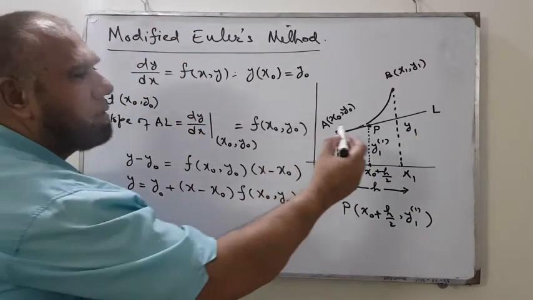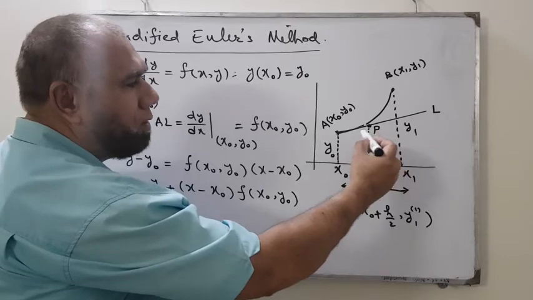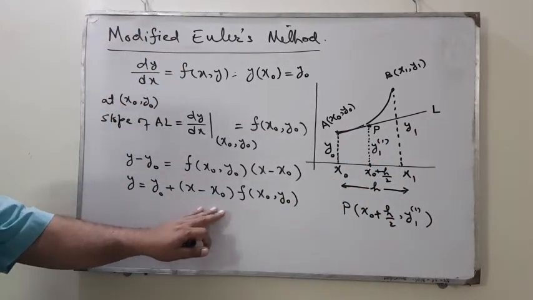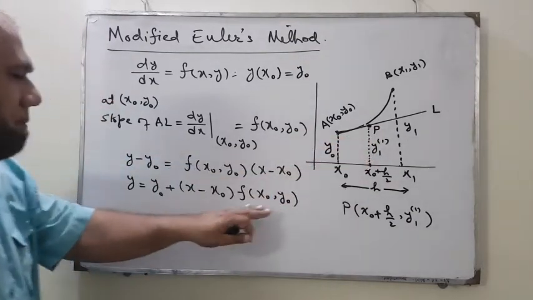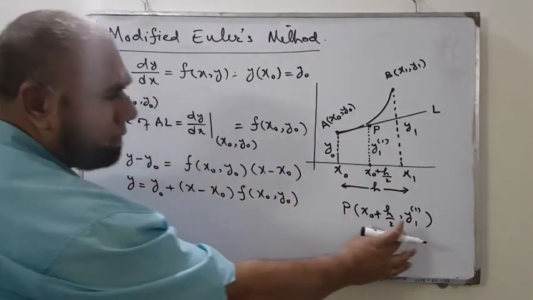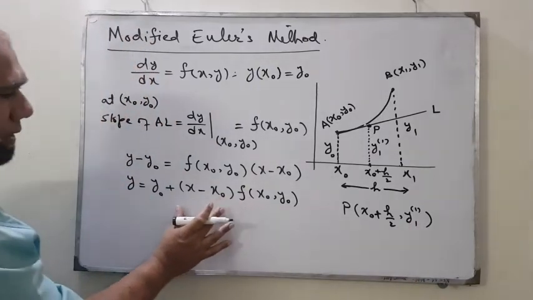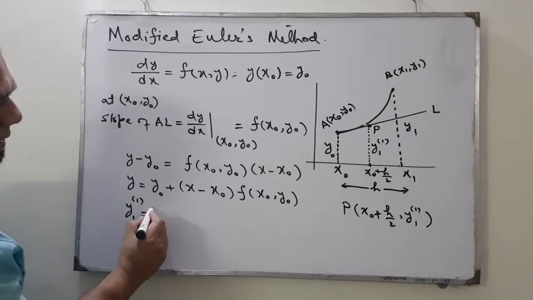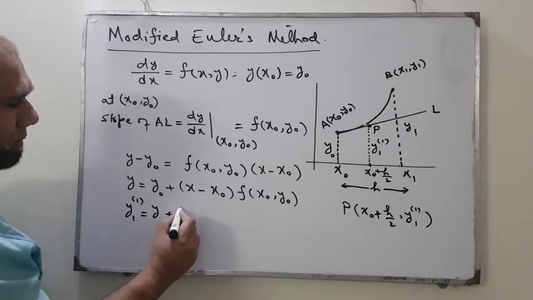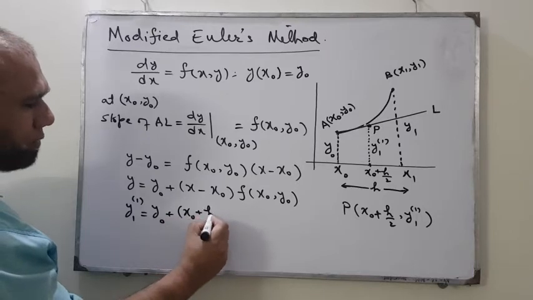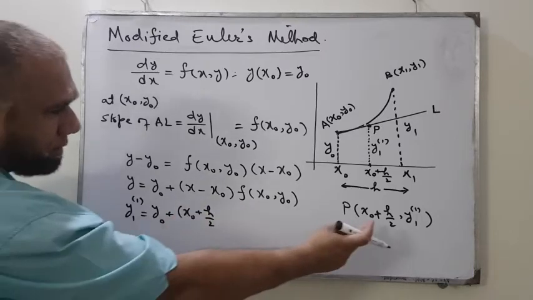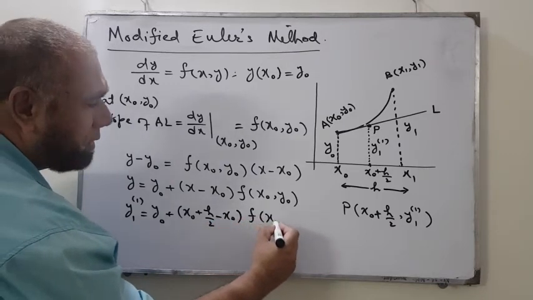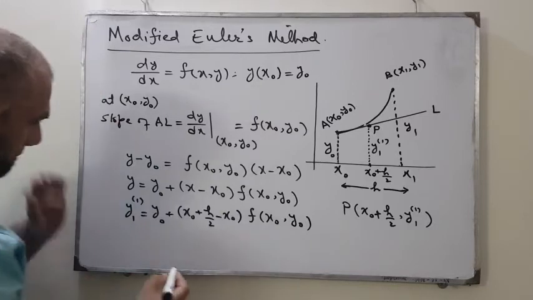Now you can see the point P is lying on the tangent line AL, whose equation is written here. Since this point lies on AL, it must satisfy this equation. Substituting this point, the equation takes the form y11 equals y0 plus x0 plus h by 2 in place of x, minus x0, times f of x0, y0.